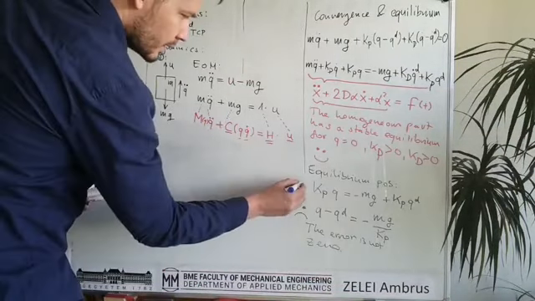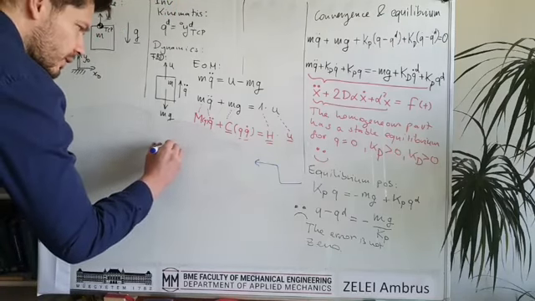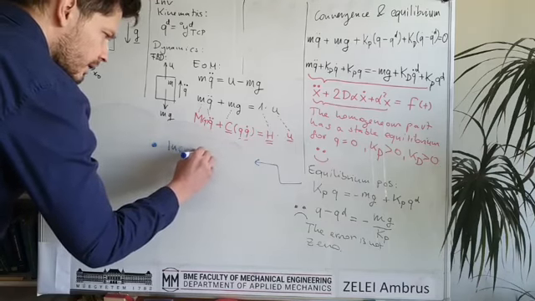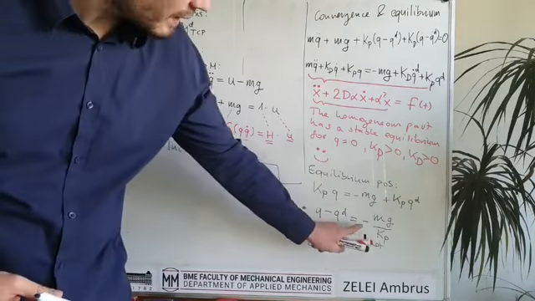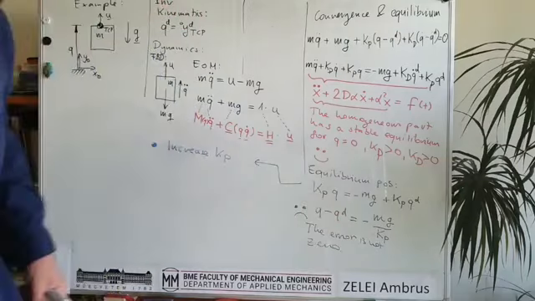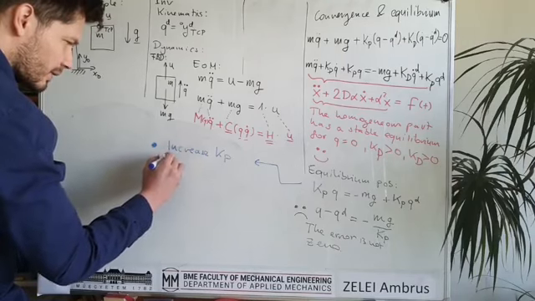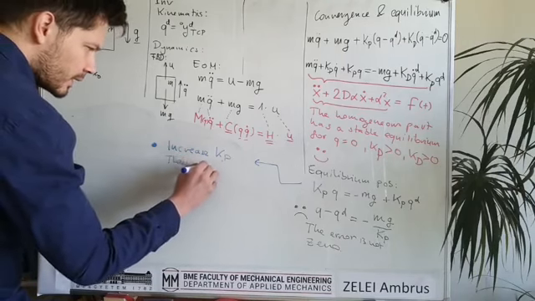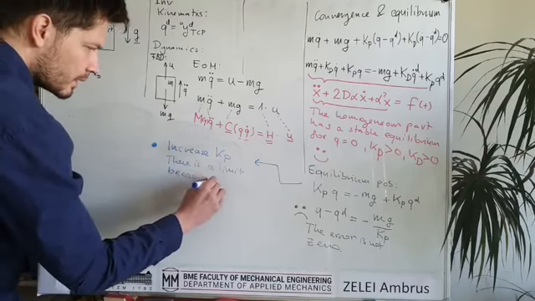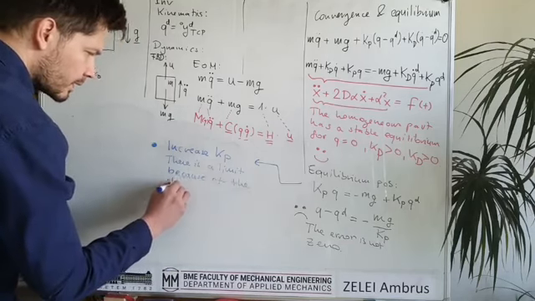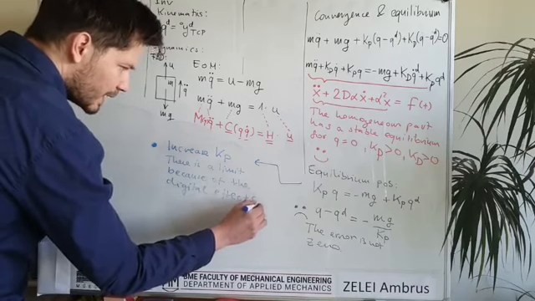One thing you can do is to increase kp, but you cannot increase it to infinity. Infinite kp would cause zero error, but there is a limit because of the digital effect and time delay.